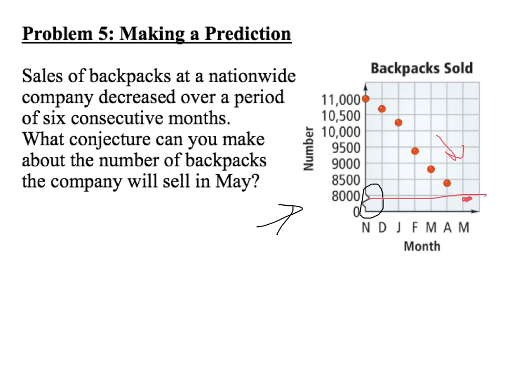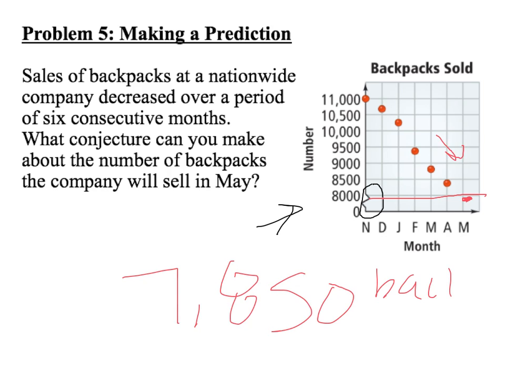So I might say 7,850 backpacks. If you were going to be solving this and get a different answer, that's fine, because it's just taking the graph and looking what can you say, what conjecture, what rule could you say about the graph.